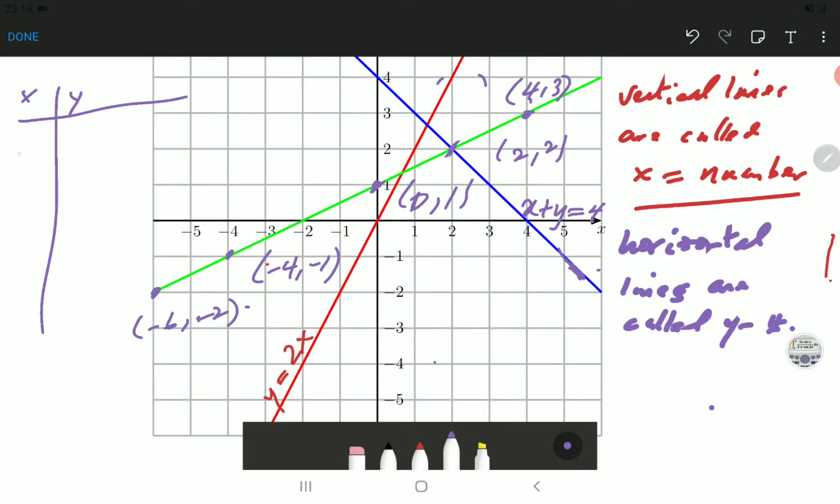So start with 0, 1, 2, 2, 4, 3, negative 4, negative 1.